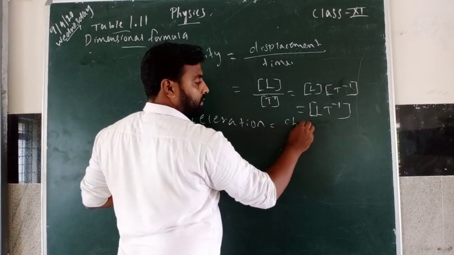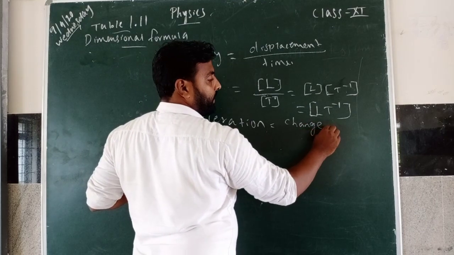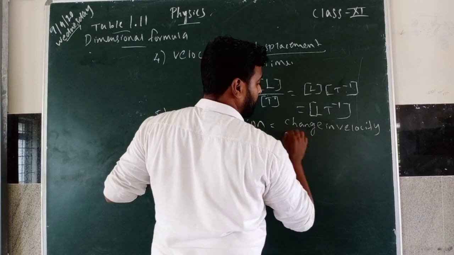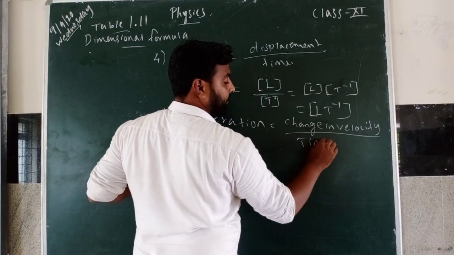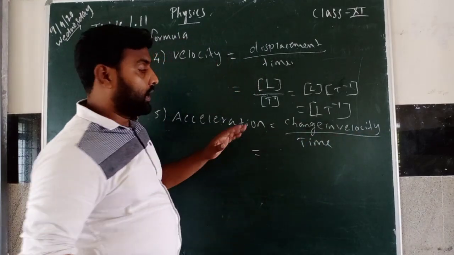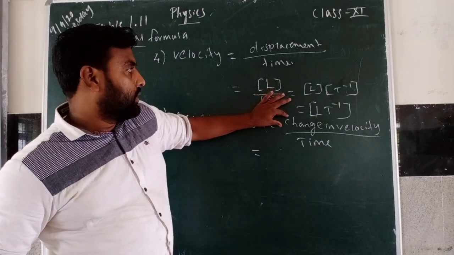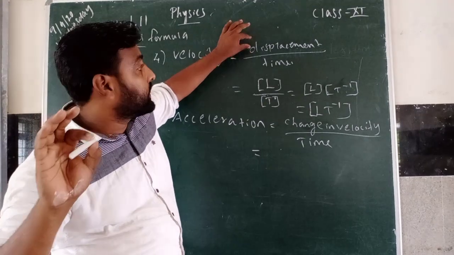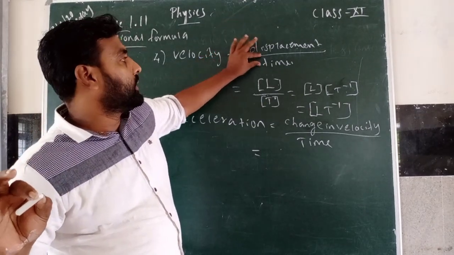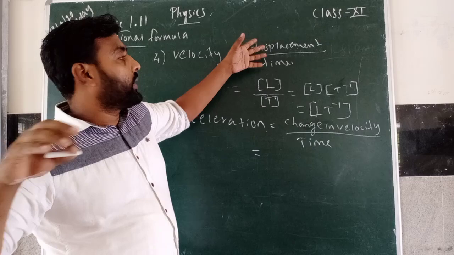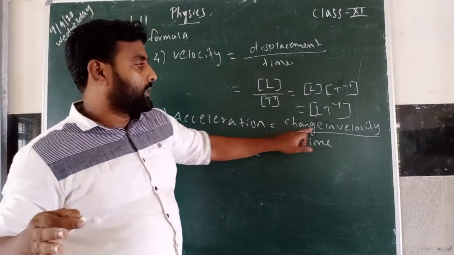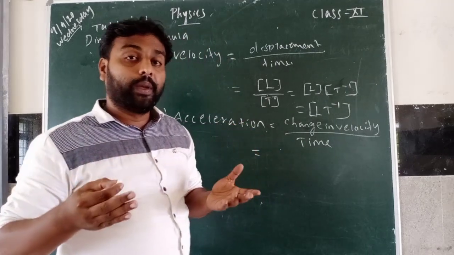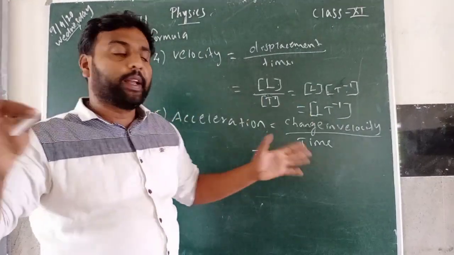Here, time is a fundamental quantity, so we can't derive it, but change in velocity is a derived quantity, so again you have to split it.